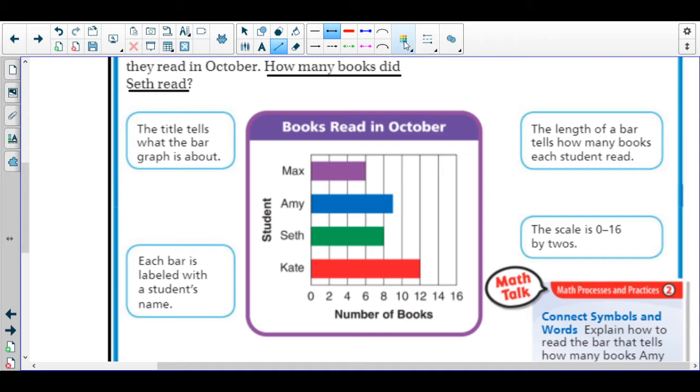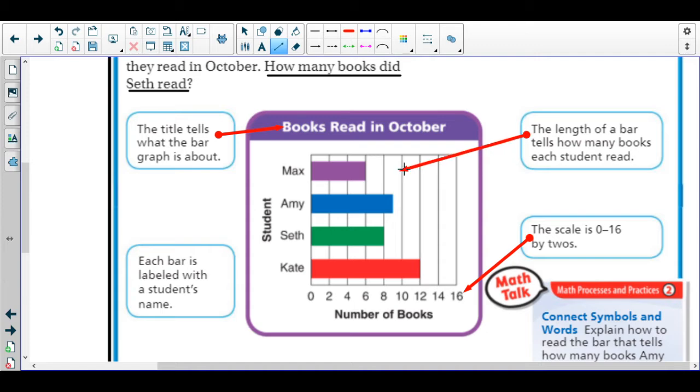First of all, we have a title, and the title right here tells us what this bar graph is about. We have a scale of numbers, and you'll notice this is 2, 4, 6, 8, so every line on here counts by twos. We have the length of each bar.